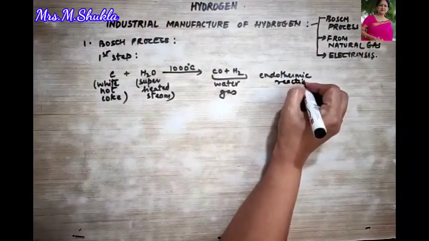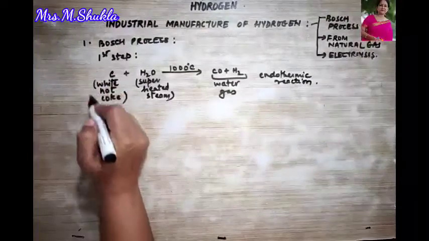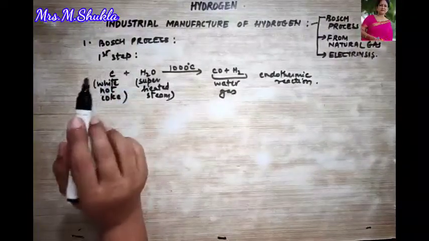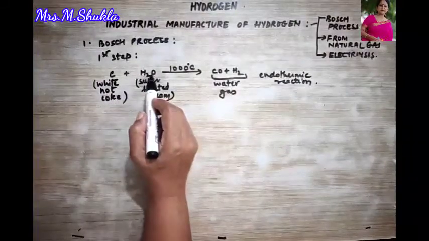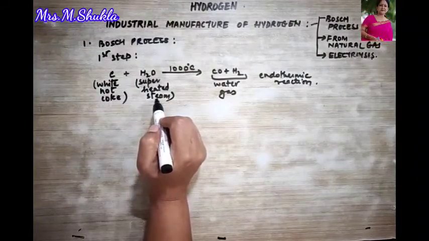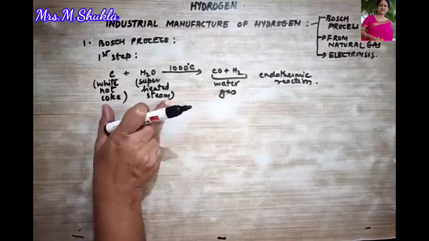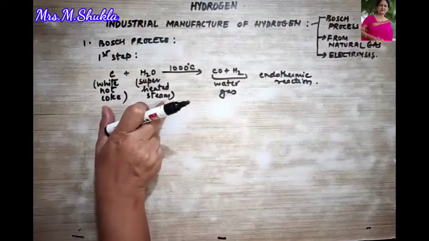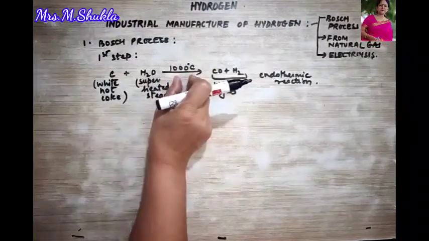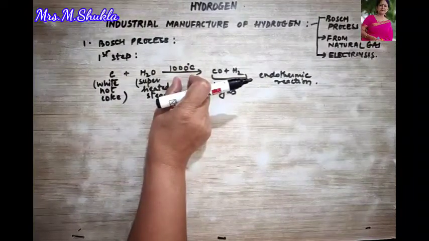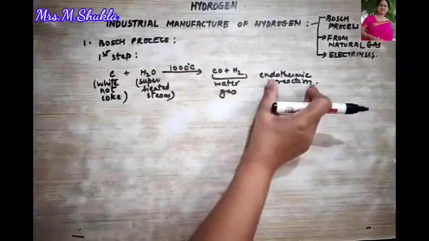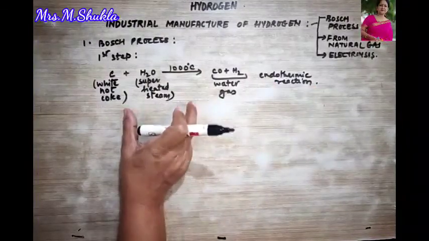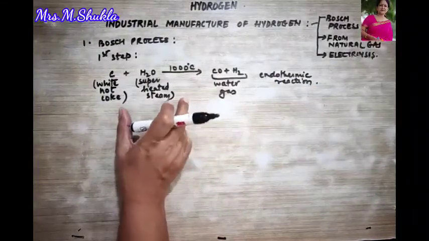The reason is that here firstly we are using white hot coke, means the coke is heated till it is white hot. Then the water is being used in the form of steam. Apart from these two reactants which are already at high temperatures, we are also providing 1000 degrees Celsius heat for the reaction to proceed. Thus, what can we say? That this reaction is an endothermic reaction.